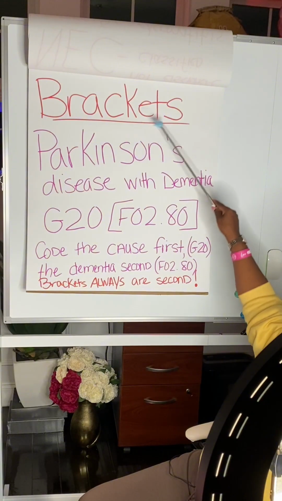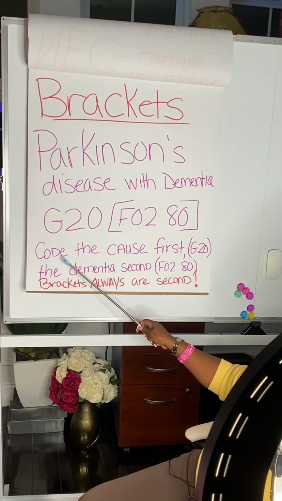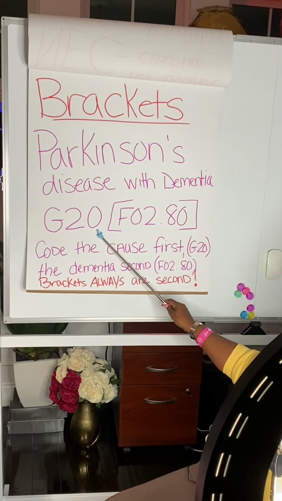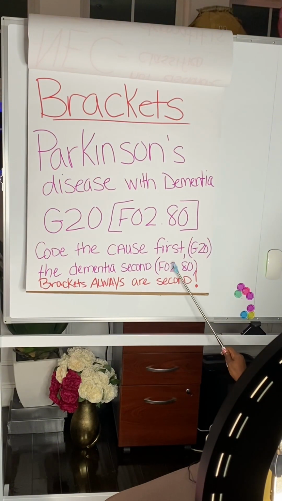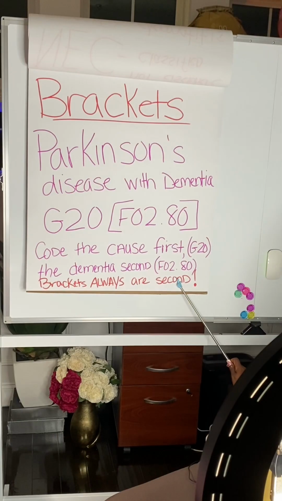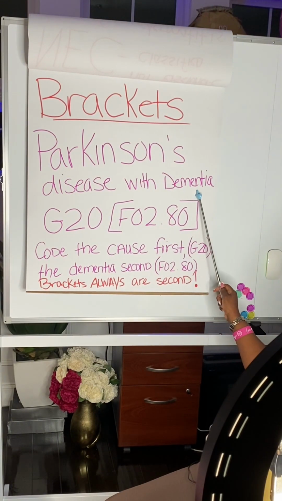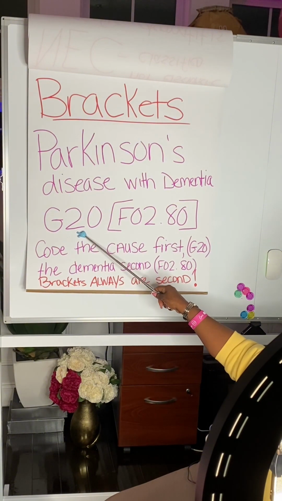Brackets say, this is what Coach Tasha wants you guys to know, okay? The brackets mean code the cause first, the G20. The Parkinson's caused the dementia. The dementia is second. Brackets always are second. Anything in brackets is coded separately. Parkinson's disease with dementia, right? This is what we call the etiology, meaning what caused it. Write that down.